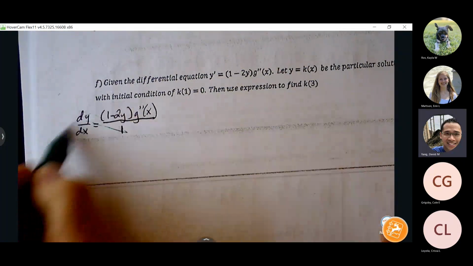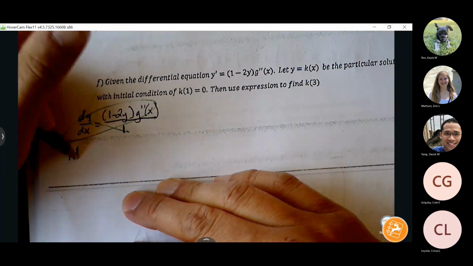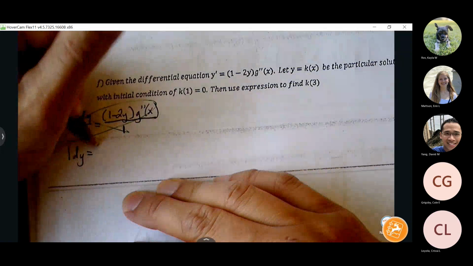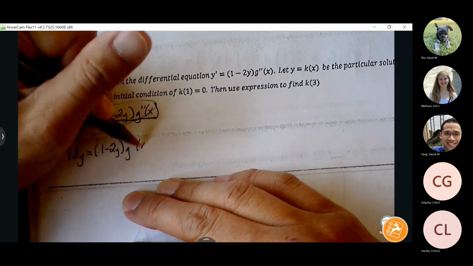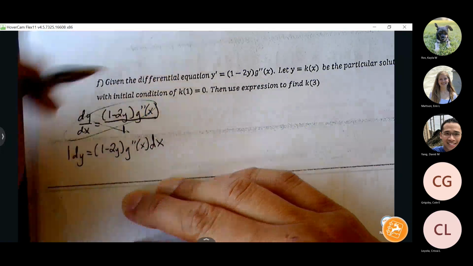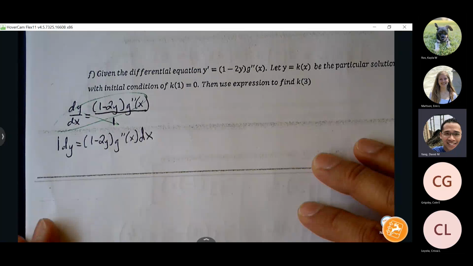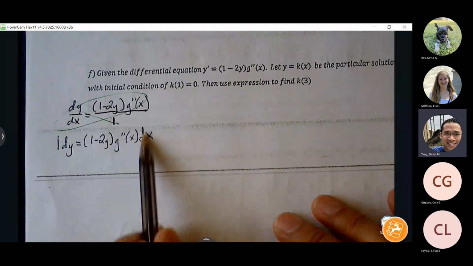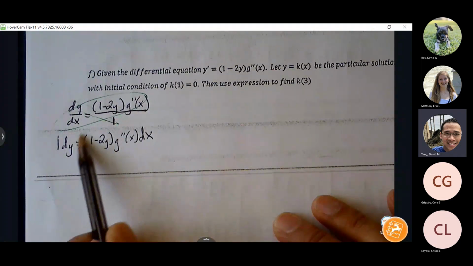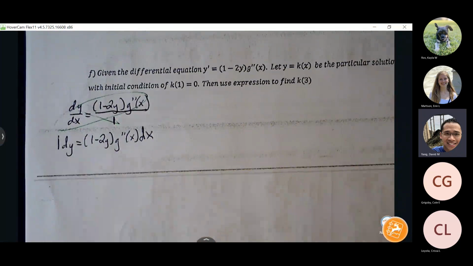So cross product. Okay, we do see one thing out of place. We want the y's on the left, x's on the right. So everything related with x's is on the right, except for this 1 minus 2y. So we have to move this 1 minus 2y over to the left side, divide it over.